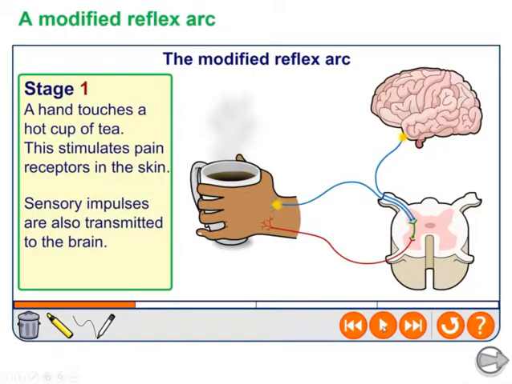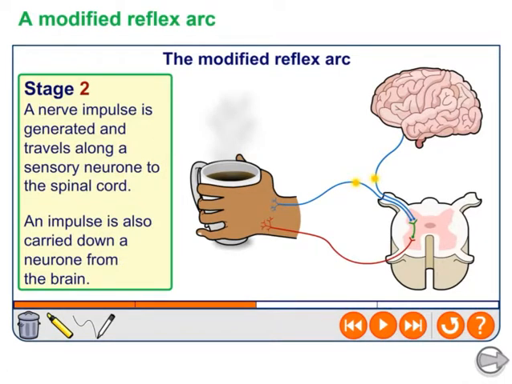So in this case, the hand has receptors on it which detect the temperature of the cup, which is very high. It stimulates the sensory neuron, which sends a message to the central nervous system.